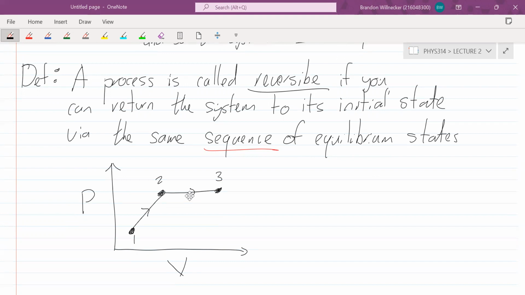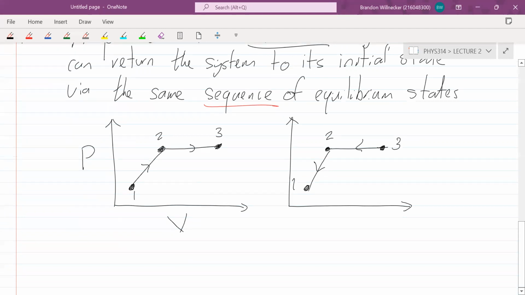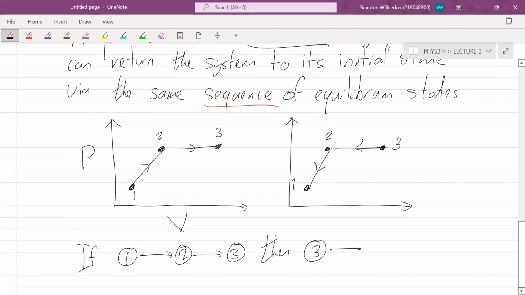This is reversible if we can go 1, 2, 3, and we can also go 3, 2, 1, if it's possible to go backwards along the same path. In other words, if we have the sequence 1, 2, 3, then we should get the sequence 3, 2, 1. So that is a reversible process.